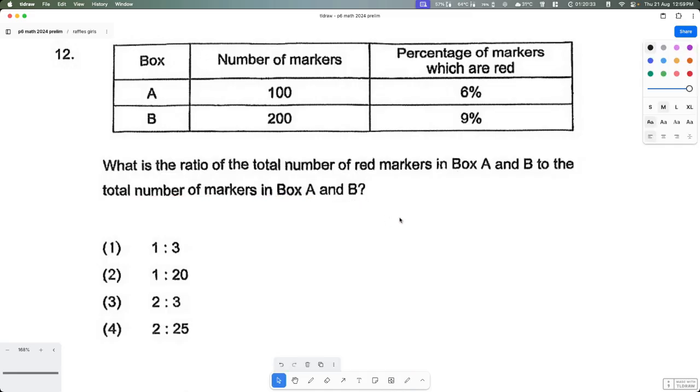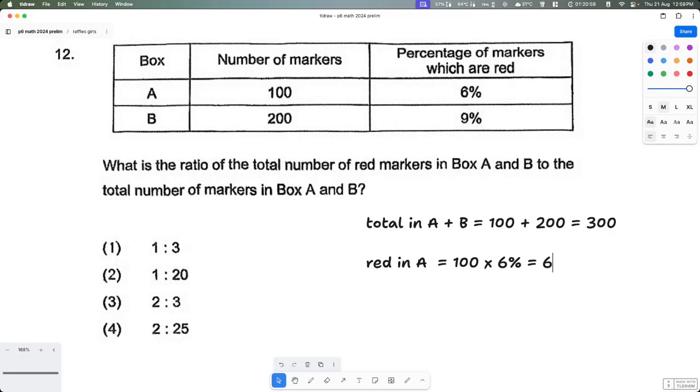So total in A plus B is equal to 100 plus 200, equal to 300. You also want to know red markers in A, which is equal to 100 times 6%, which is very straightforward, equal to 6.